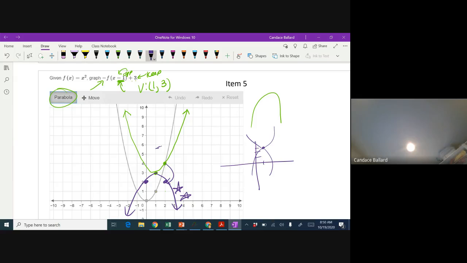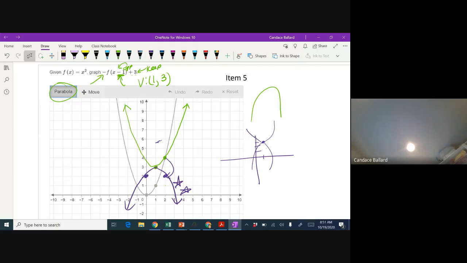Okay, good question though. And it's tough. There was a homework assignment like that too, right, where there wasn't a lot of work on the paper. But again, you can always write out that vertex point. This is the biggest thing, is getting that right. Once you have that right, even though it's not a lot of work, you're at least showing me your thinking. Because don't forget, you want to write work out, because if I can give partial credit back, and the goal is to get that grade up, you want those partial points.